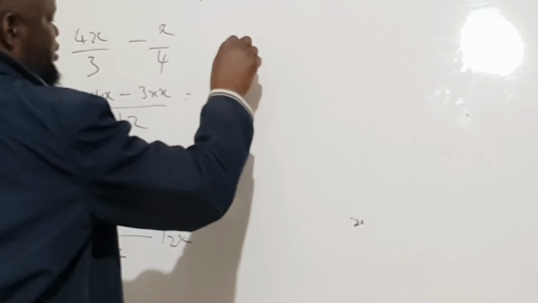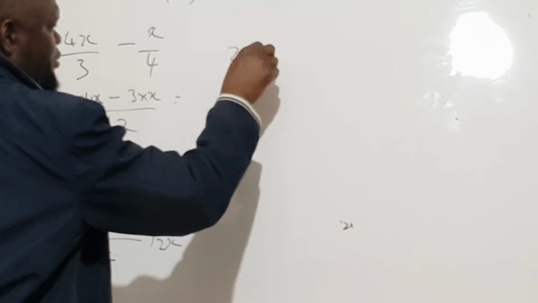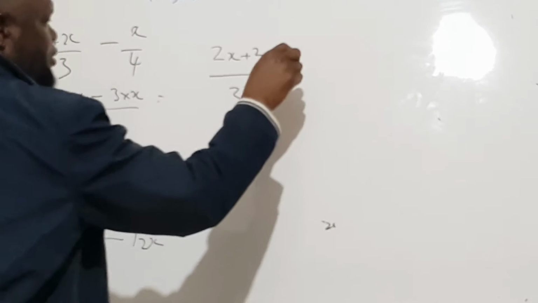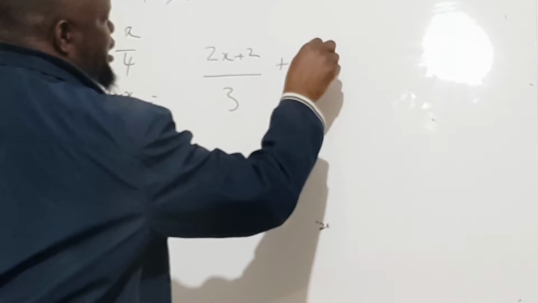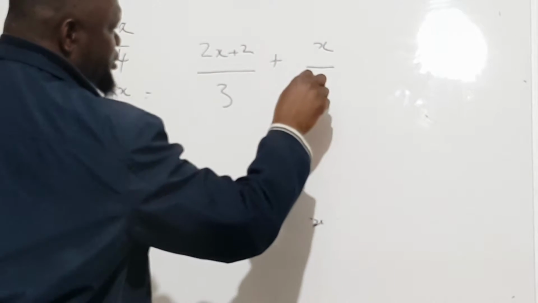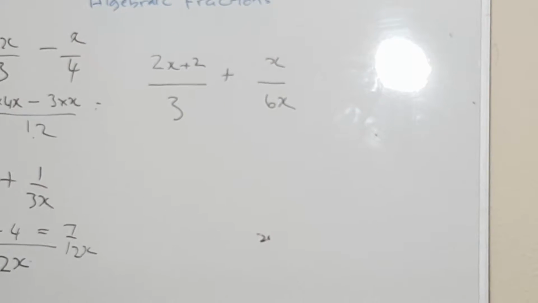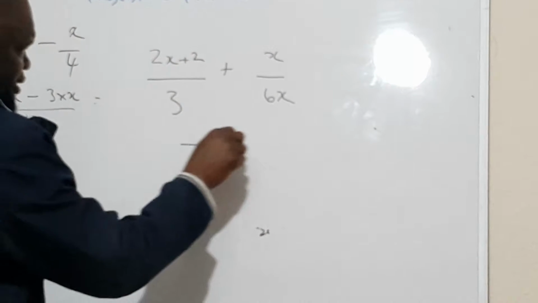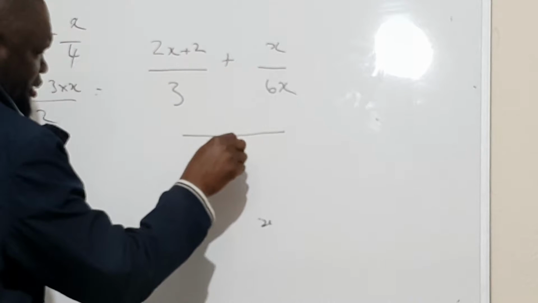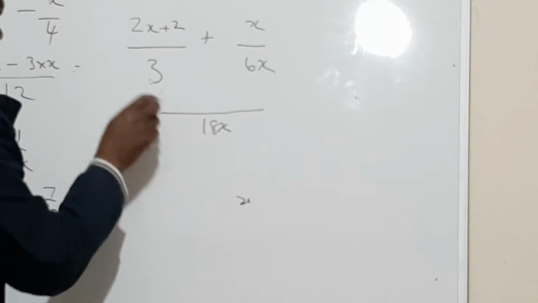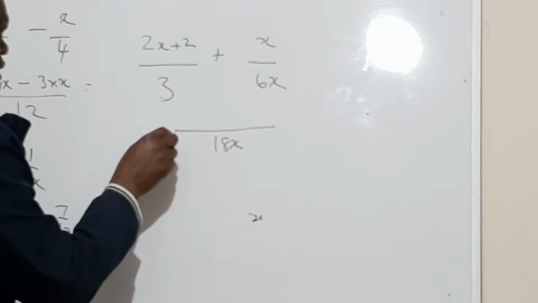What about if you have 2x plus 2 over 3 plus x over 6x? What are you going to do? Multiply the denominators. That will be 18x. This will go that time, that will go this time. 3 will go how many times? 6x.